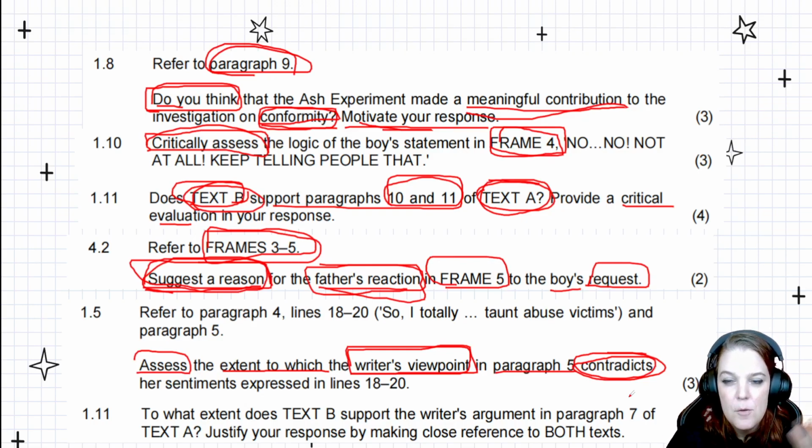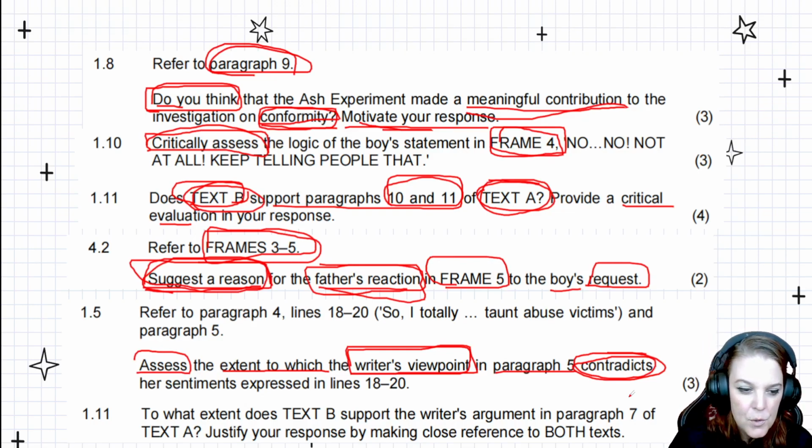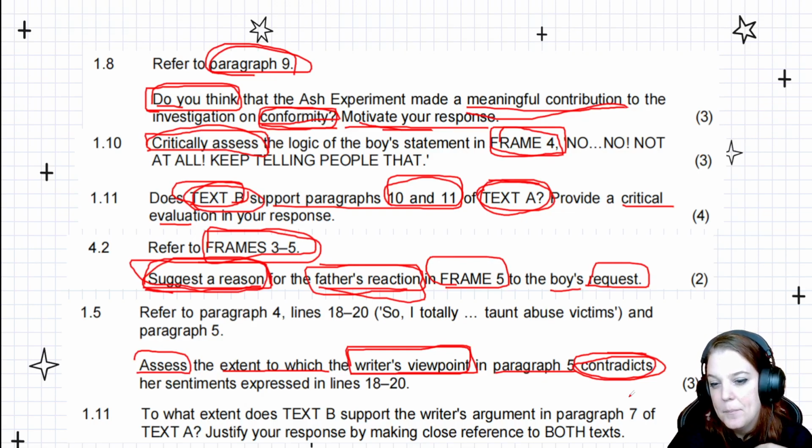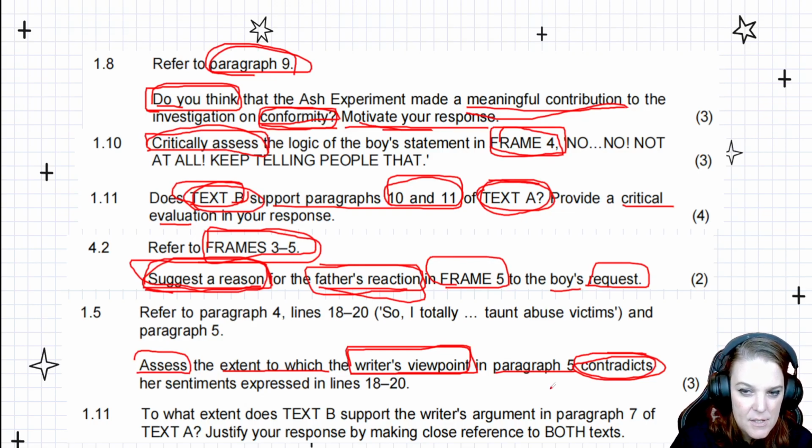So your actions are contradicting what you're saying. The rule is one thing, but what you're actually showing is another thing. So that's contradicting. Her sentiments expressed in lines 18 to 20.